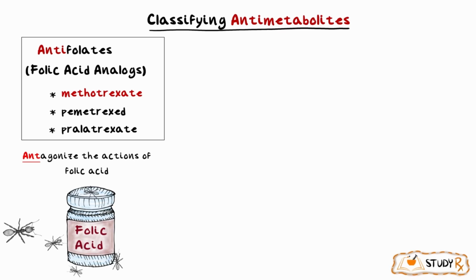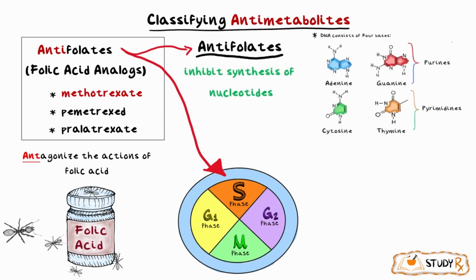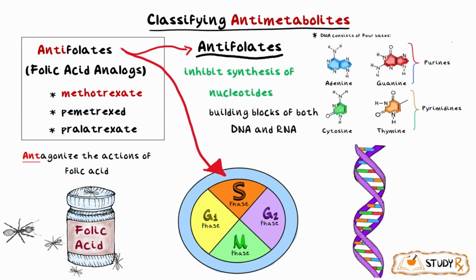The primary antifolate that I'll be going over will be methotrexate. Antifolates are phase-specific in the cell cycle, primarily the S phase, and they inhibit the synthesis of nucleotides. So the key point to take from all of this is that antifolates stop the production, synthesis, or creation of nucleotides. This is important because nucleotides play a role as the building blocks of both DNA and RNA.